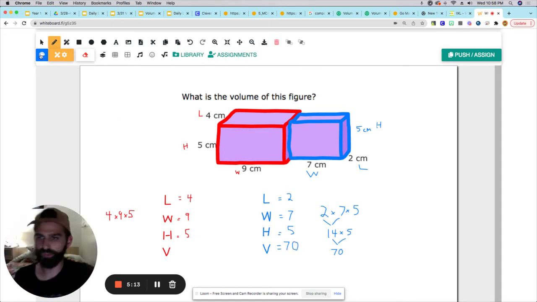Okay, let's go ahead and do the red one. I have 4 times 9. That's going to give me 36. And then 36 times 5. Well, I know 30 times 5 is 150, and I know 6 times 5 is 30. So that's going to give me a total of 180 cubic centimeters. That's my volume.